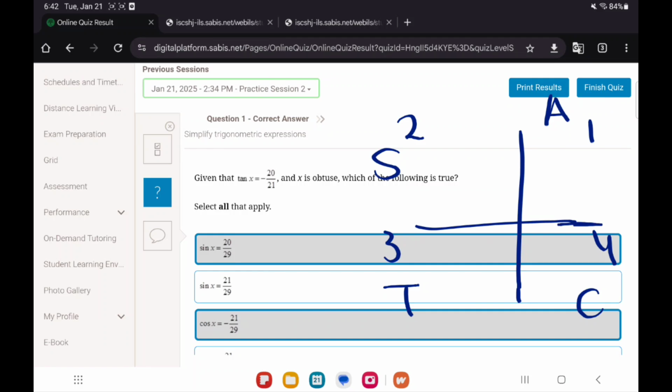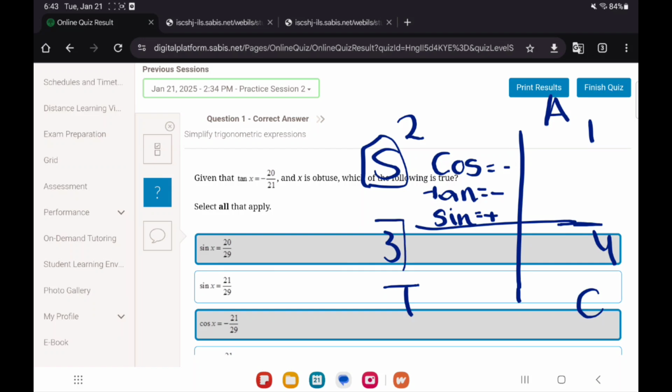So, like we said, cosine and tangent here will be negative, and sine will be the only value that's positive, and that's why it's S for this one, because sine is the only different one, okay?